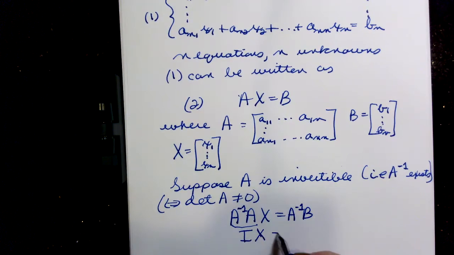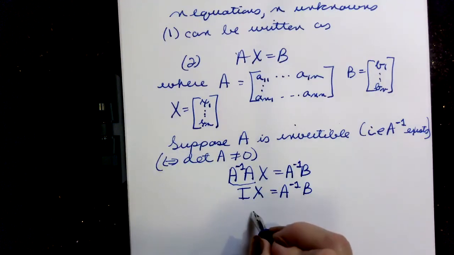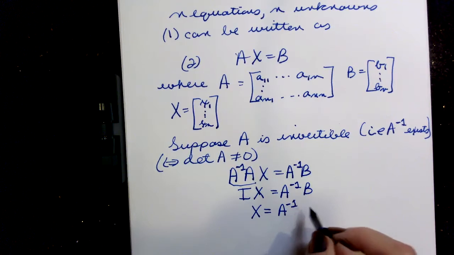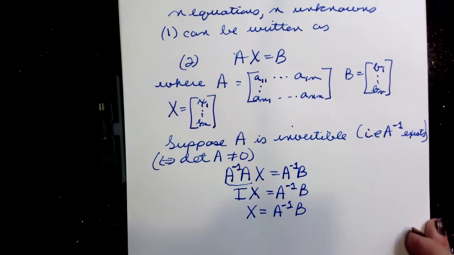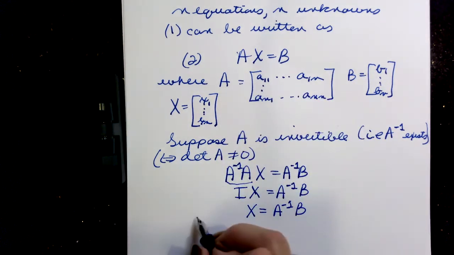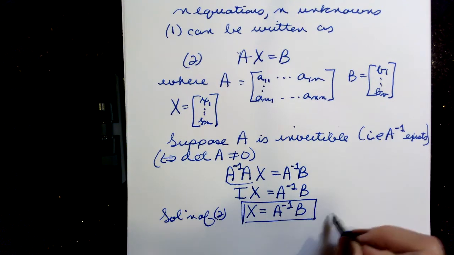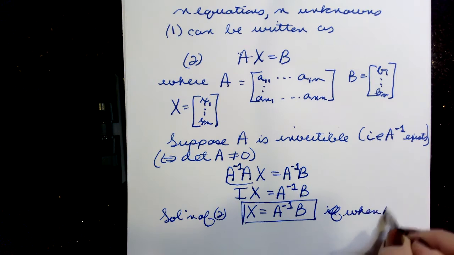So that gives me the identity matrix times X is equal to A inverse B. And the identity matrix times any matrix gives you back the matrix itself, as long as the sizes are right. And the way we define things, the sizes are okay to make this work. So then here's the solution. This is the solution of 2, when A is invertible.